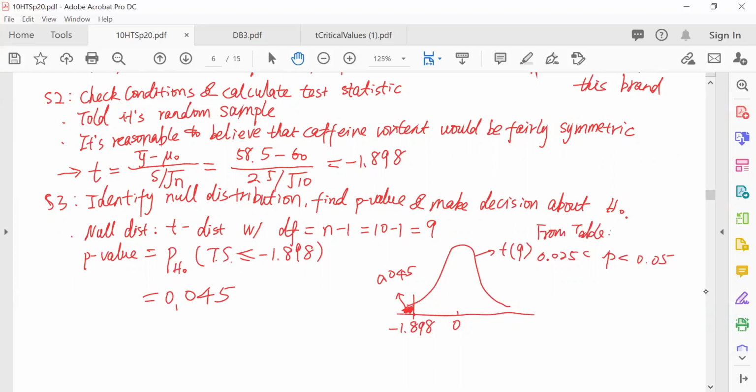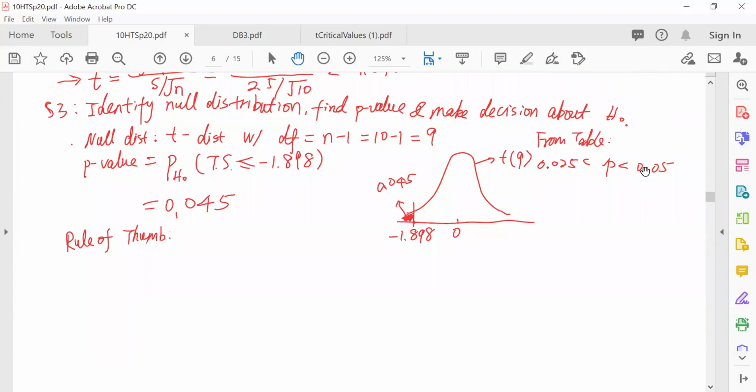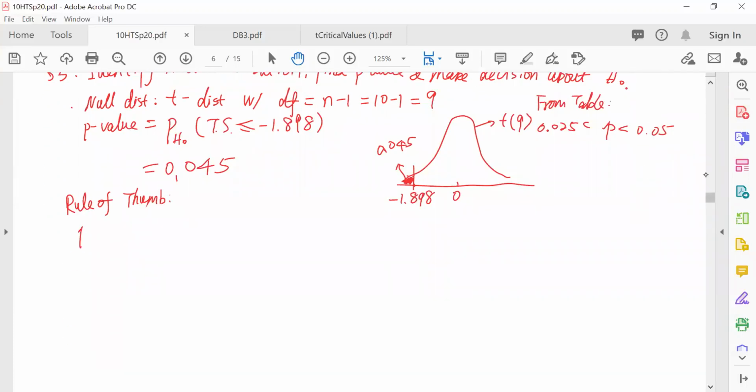The next step is to make a decision. How do we make a decision about our null hypothesis? The rule of thumb is, if p-value is less than or equal to alpha, we reject H null, right?